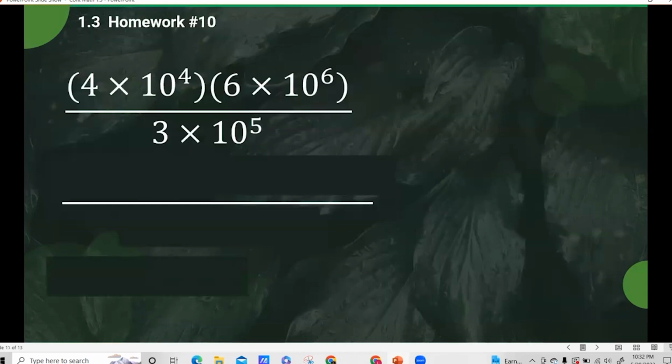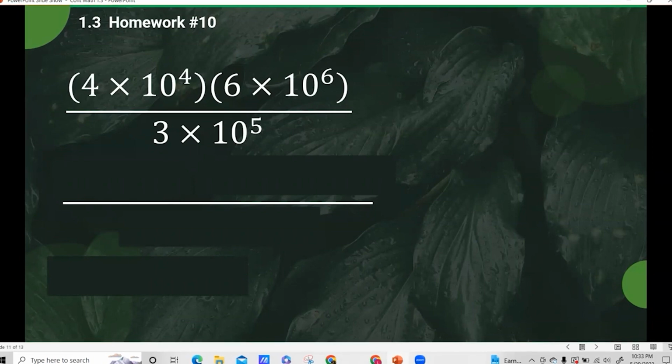Okay, now we have a couple of these on your homework assignment. I've taught this multiple different ways over the years, and I have found that this is the absolute easiest way to teach this. This looks like a really ugly problem, but it turns out to be not nearly that bad.